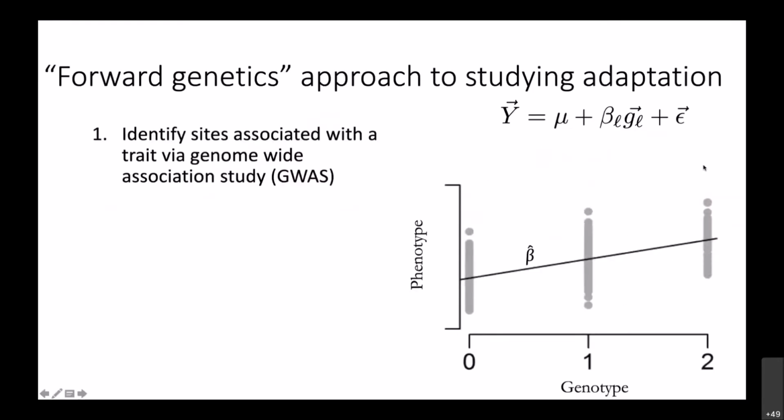So of course the catch is that we need to know which sites are associated with a particular trait, right? I like to think of this as a sort of forward genetics approach to studying adaptation, where the first thing that we do is we use genome-wide association studies, where you plot phenotype against genotype, and you look for sites where there's a non-zero association between genotype and phenotype, and estimate an effect size for an individual site using just standard linear regression techniques.